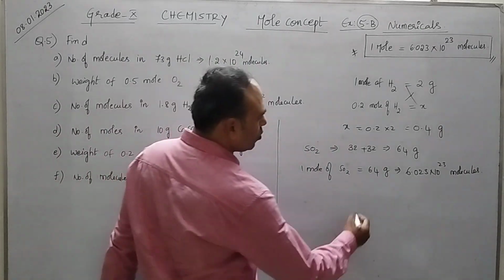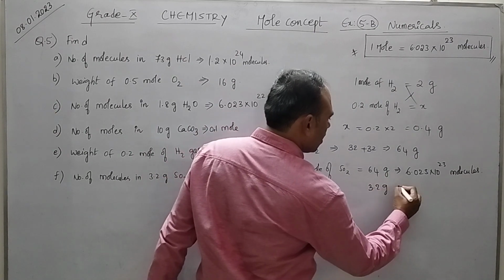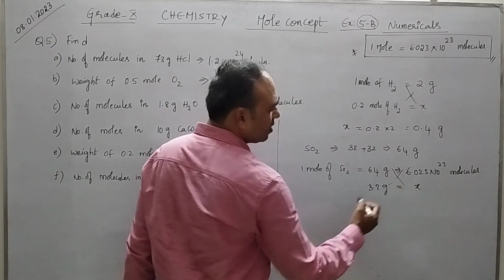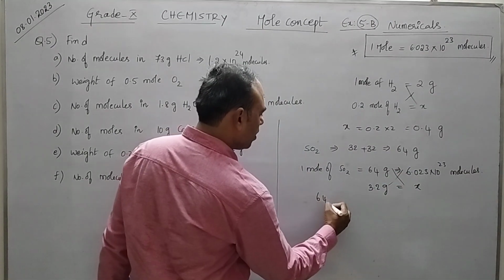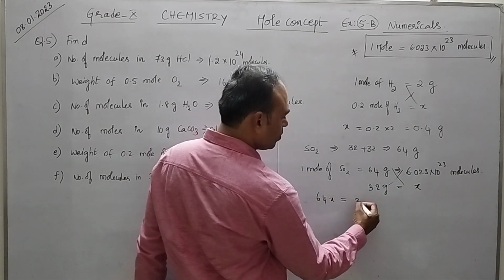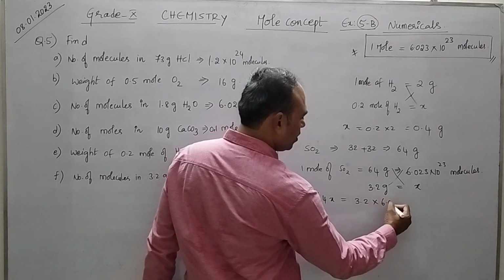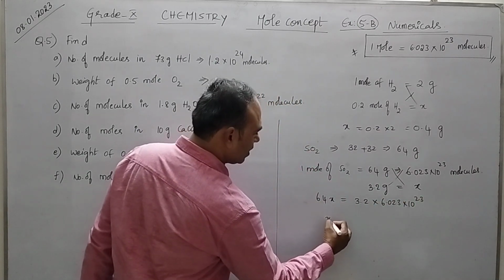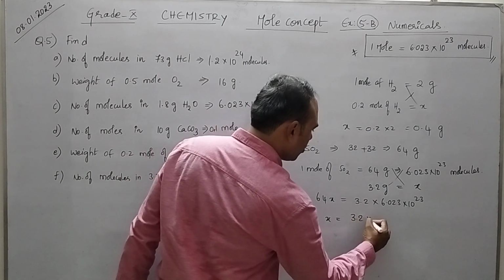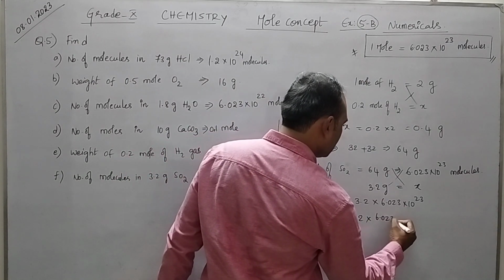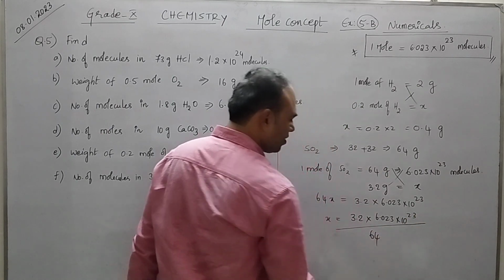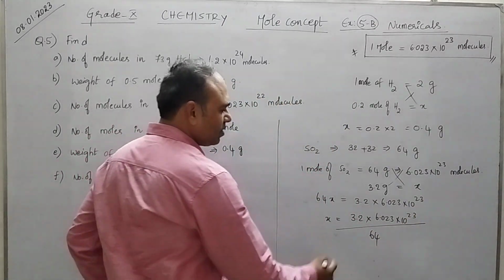For 3.2, let us take number of molecules as x. Follow the same method, cross multiply. 64x is equal to 3.2 into Avogadro number. Therefore, x is equal to 3.2 into 6.023 into 10 power 23 by 64. So we can cancel this.